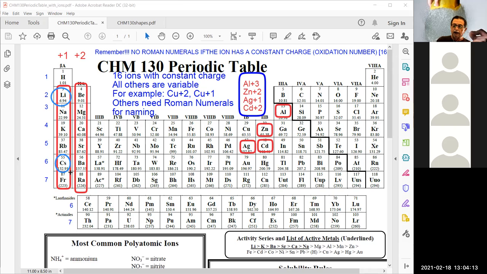If we compare within that group, just within that group, the amount of energy necessary to remove an electron, we can see a little trend here. We can see that, for example, lithium and cesium, number 55, share one property, and that is one valence electron. That is why they're in group 1.